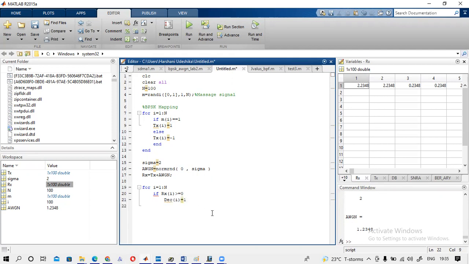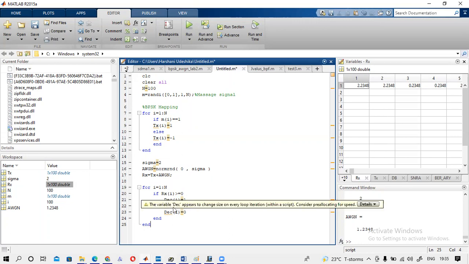If not, that means the received symbol Rx is less than 0, I decide that bit as 0. So this will be my decoding. So I have decoded bits, and this decoded bit also should have 0 and 1.